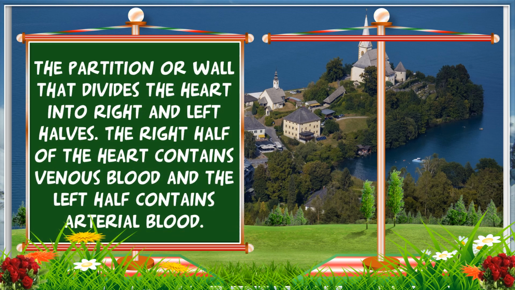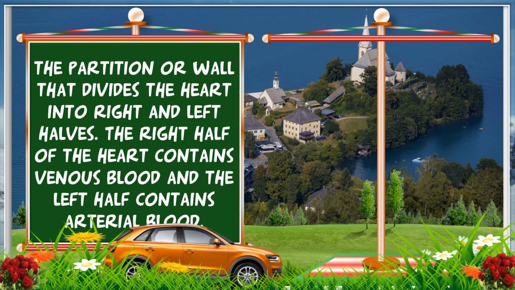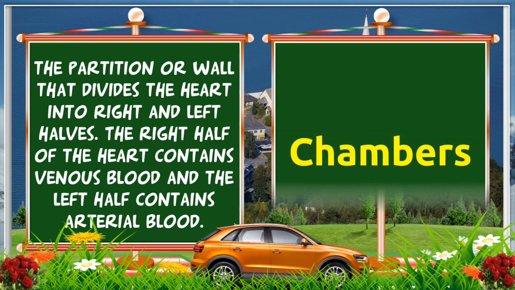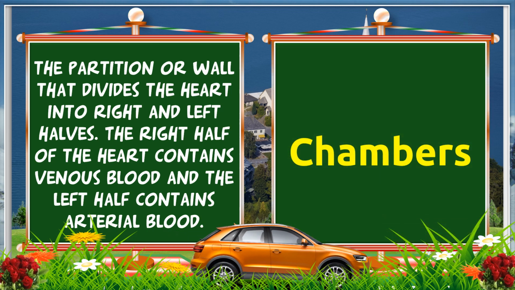The partition or wall that divides the heart into right and left halves. The right half of the heart contains venous blood, and the left half contains arterial blood. Chambers.